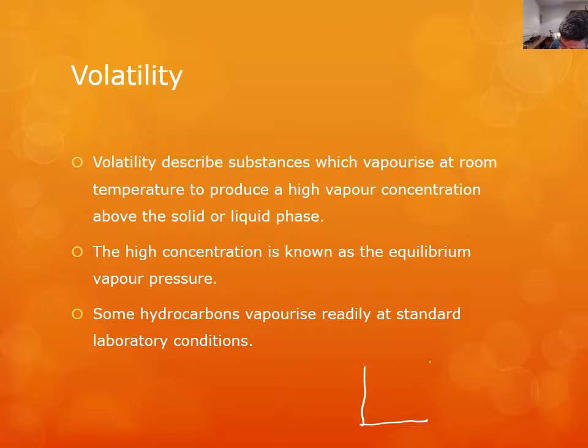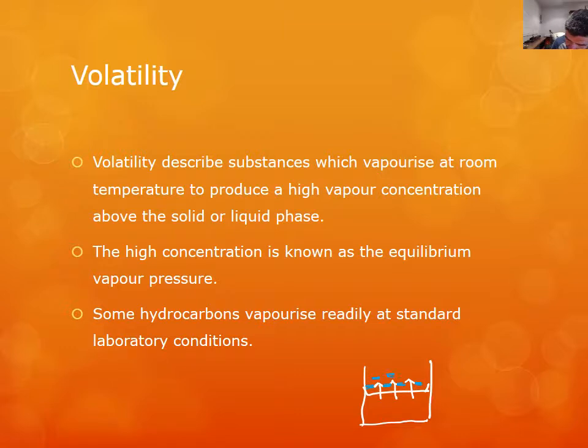So if we have a container and this container has a liquid inside of it, then some of the molecules are vaporizing. So they're becoming a gas, and they're becoming a gas that's going to sit, blue color here, on or near the surface of the liquid.